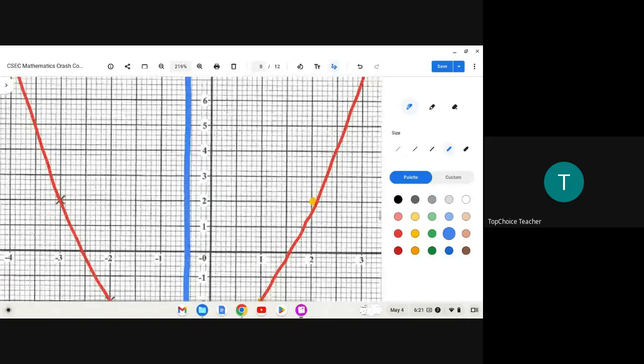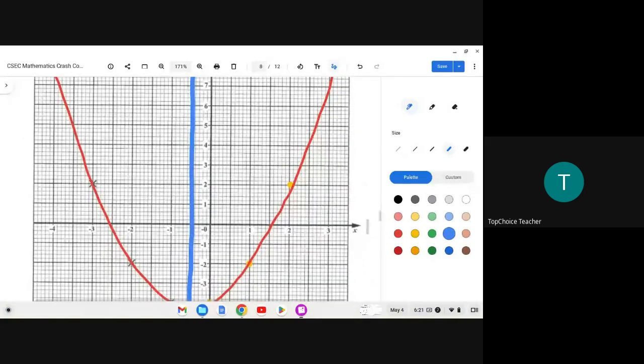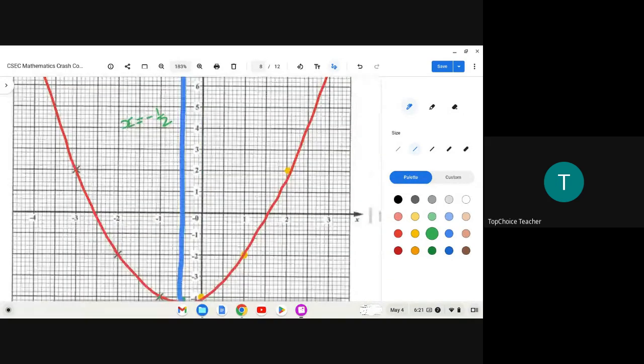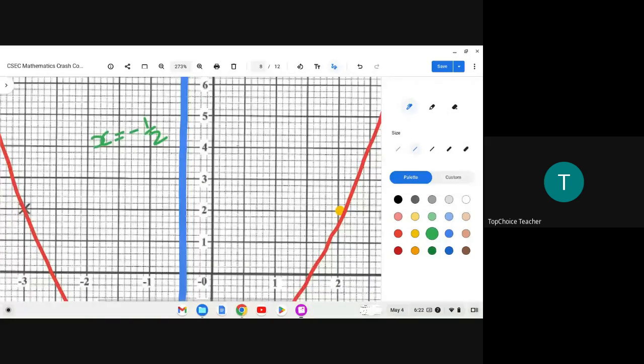And yes, that's a valid question I could ask, because we saw equations of straight lines like these 2 days in a row. Can anyone tell me what would be the equation of this line? X is equal to minus a half. Very good. That is correct. If you have forgot how we figure that out, this will be x is equal to minus a half. This is the equation of the axis of symmetry.